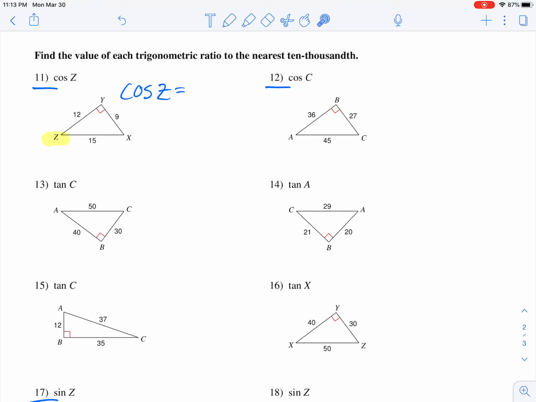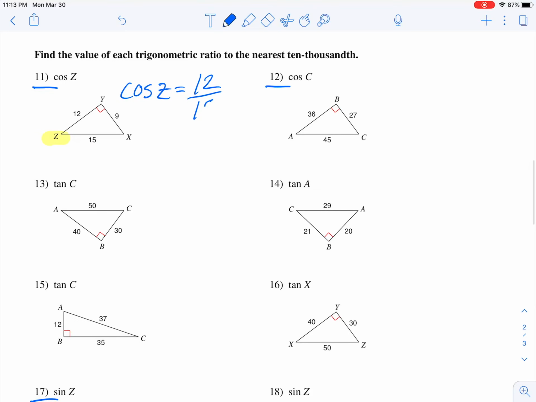Now, the adjacent side here, they've flipped this triangle around, but the adjacent side is still the side that is lying right next to Z. So it's going to be 12, and that's over the hypotenuse. So we got 12 over 15. Once more, we simplify.